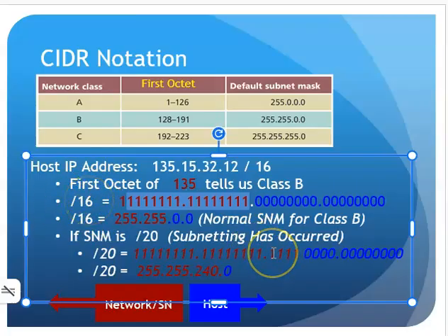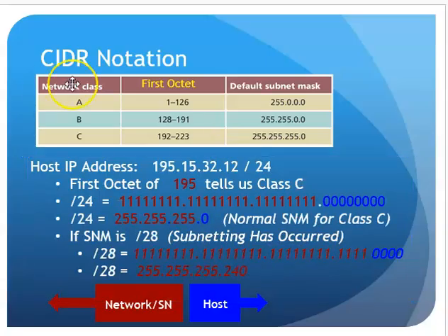If I see a /20, I know that, again, 4 more bits got borrowed for subnet. There they are right there. So I would know subnetting has occurred because it was more bits than 16. I see 4 more. I know 4 bits got borrowed for subnetting. If I have a class C, or I have a 195, I know it's a class C 255.255.255.0.